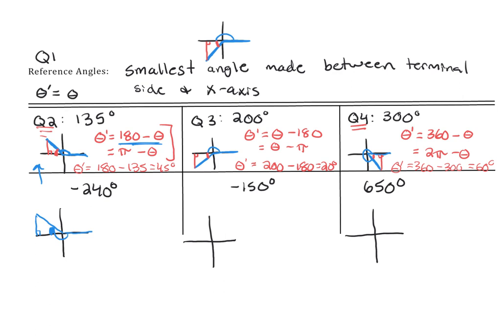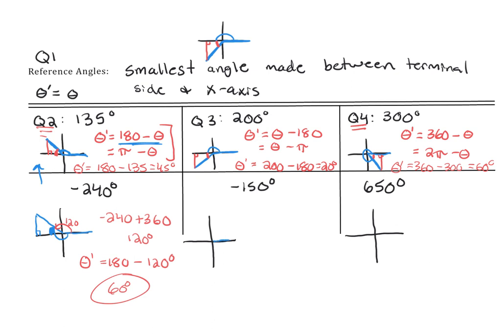However, when we're doing this, we want a positive coterminal angle. So for negative 240, to find the coterminal angle, let's just add 360. And when you do that, you get 120 degrees. So going here is 120. Now doing the quadrant 2 formula, the reference angle is 180 minus 120, which is 60 degrees.